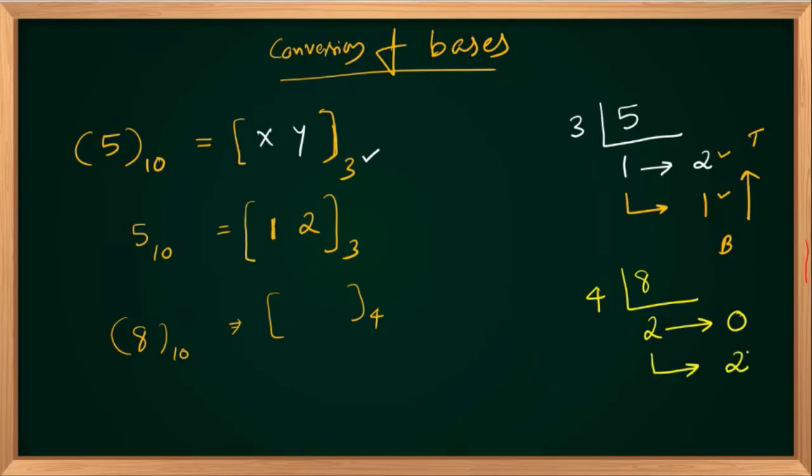So 20 base 4, right? So decimal 8 is equivalent to 20 base 4. So you should divide continuously, then write from bottom to top, right?